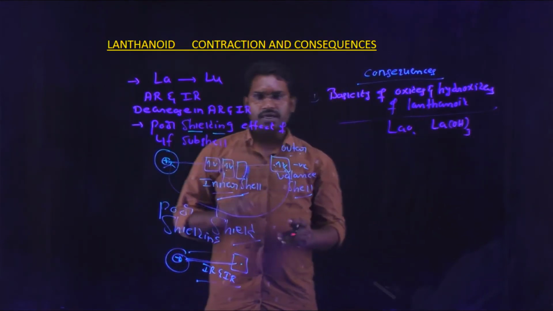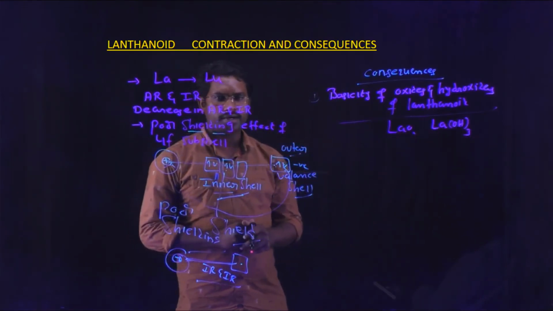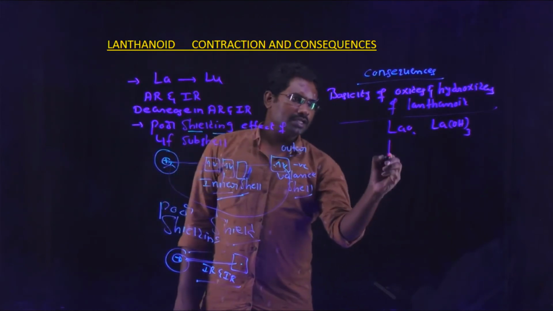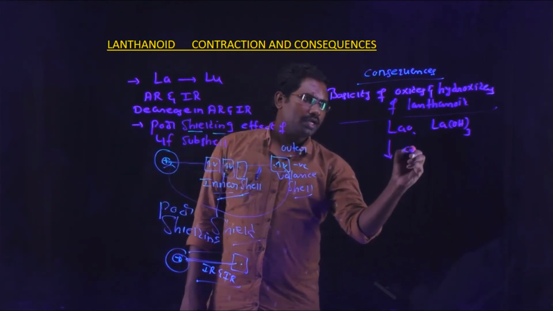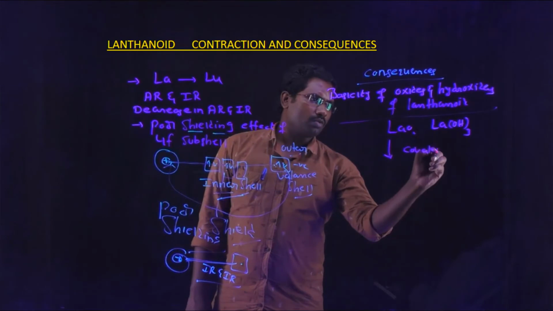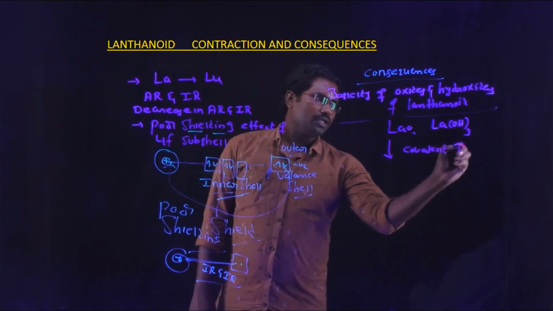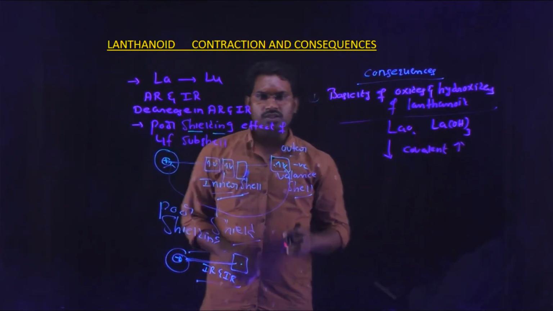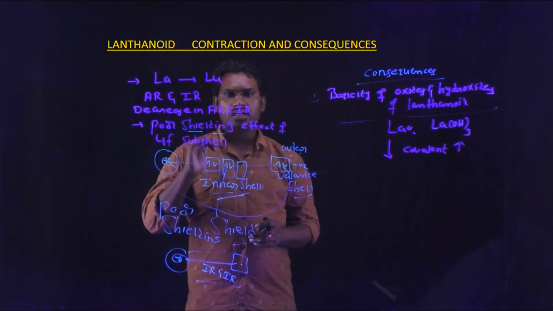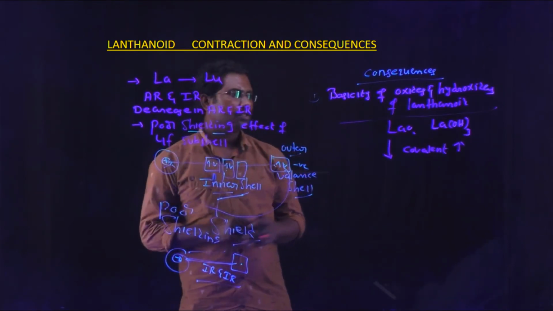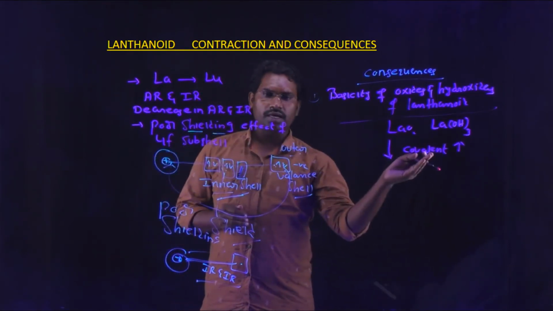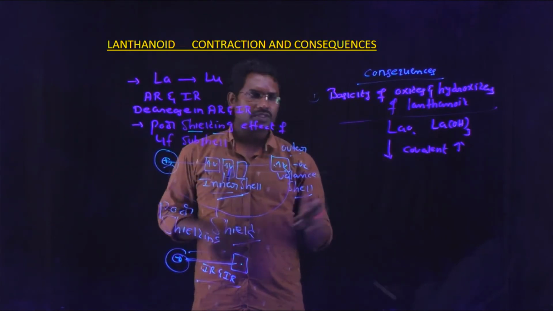The basic character of lanthanide oxides and hydroxides will decrease because the covalent character will increase. Due to the increasing covalent character of the bonds in oxides and hydroxides of lanthanides, the basic character decreases.